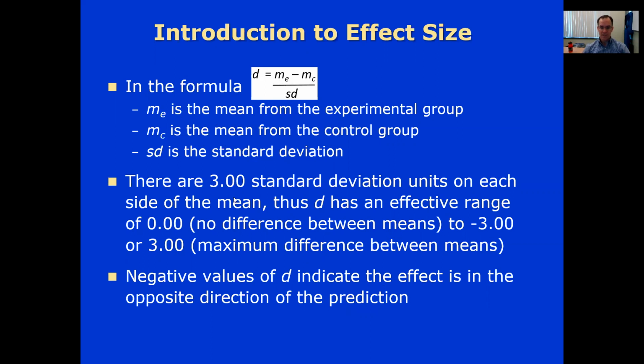Thus, the standard d has an effective range of 0 plus or minus 3. So 0 would mean there'd be no difference between the means, and minus 3 or 3 would be the maximum difference between the means. A negative value of d indicates the effect is in the opposite direction of what was predicted or the hypothesized change.